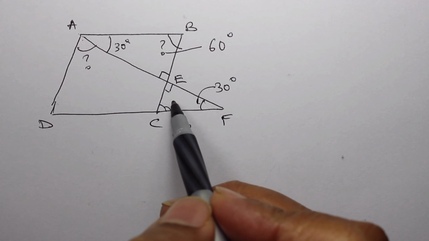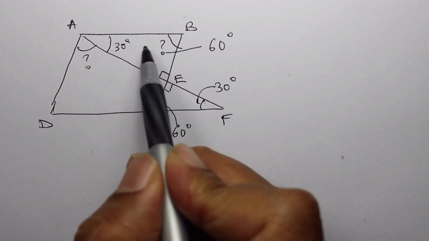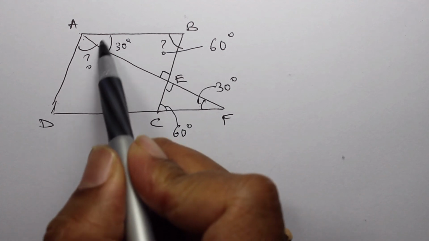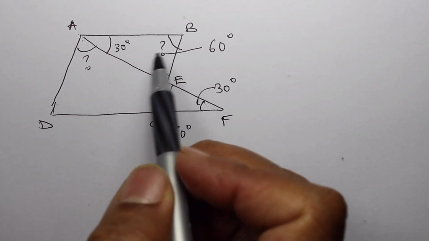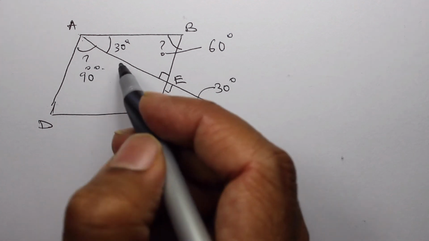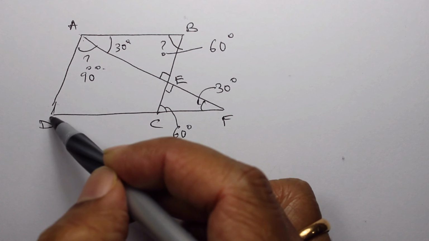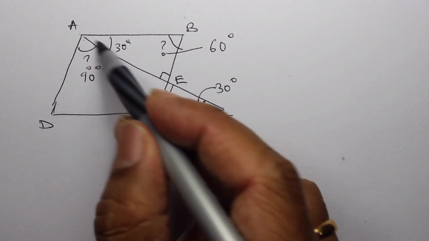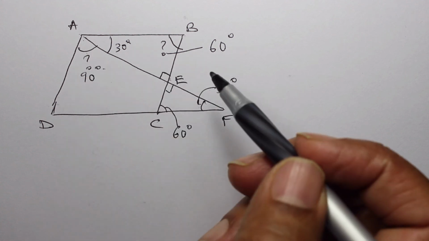And since this angle is 60, the sum of these two angles is 180, so this is 90 degrees. Another way of doing this is, these two lines are parallel, and this shape here is a Z shape, so this angle is 90 degrees.